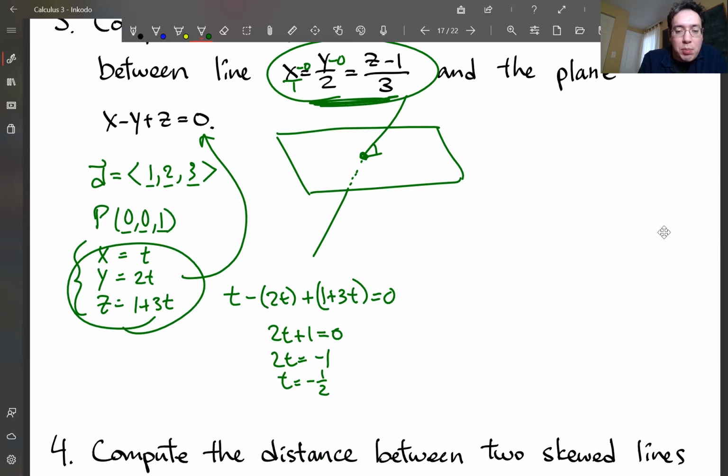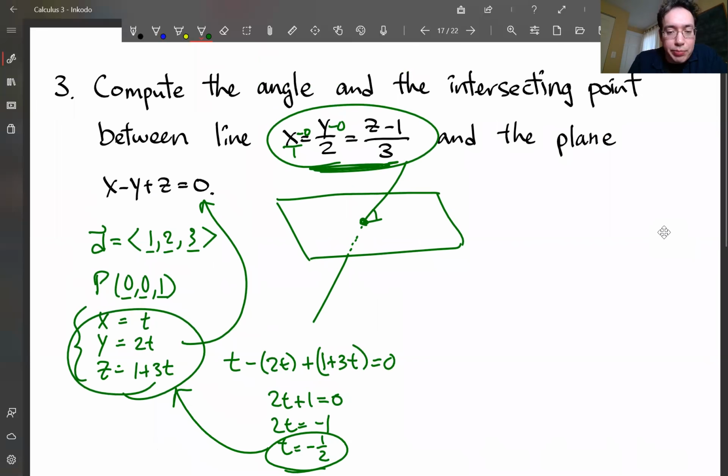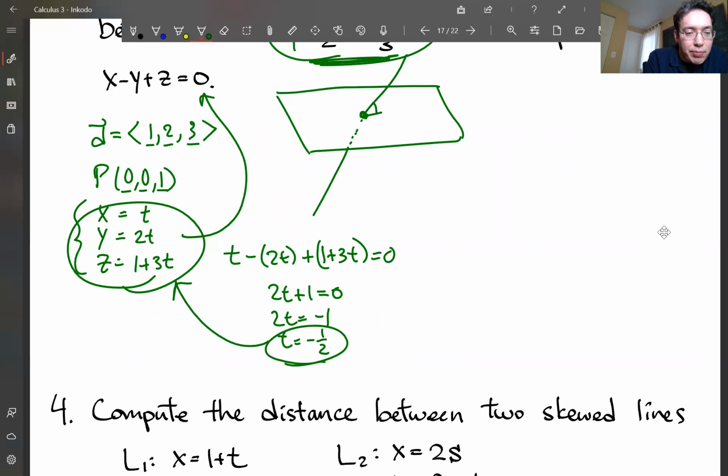I could actually plug the t value into the parametric form to get the actual x, y, z coordinates of where they intersect. So let's plug it in. So x becomes -1/2. Y becomes 2 times -1/2, so just -1. And z is 1 plus 3 times -1/2, so -3/2.